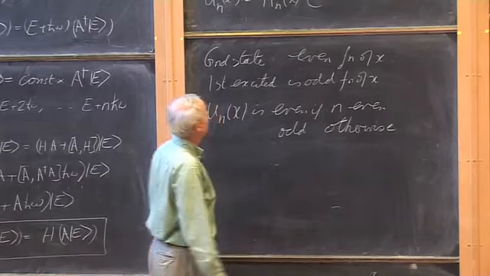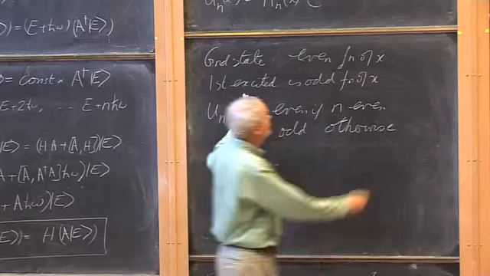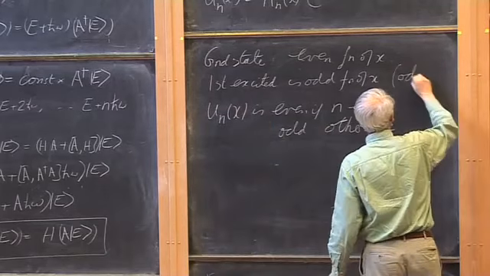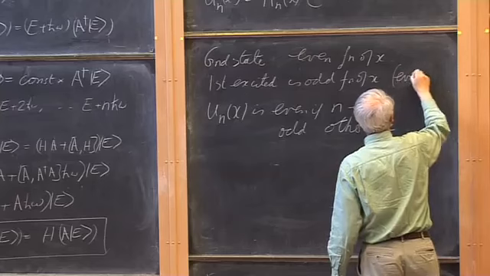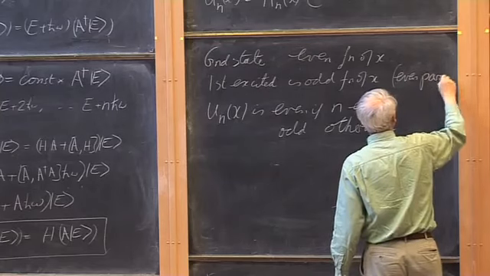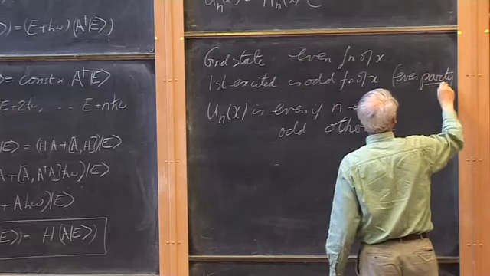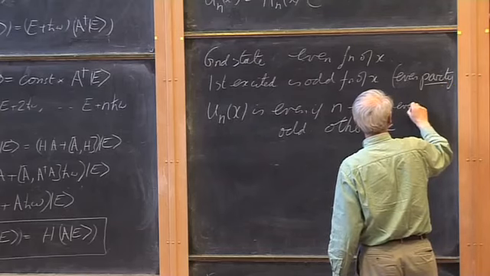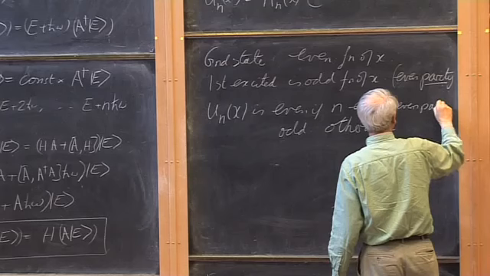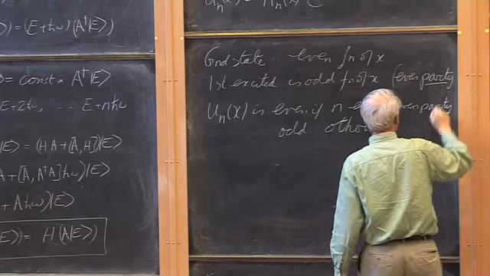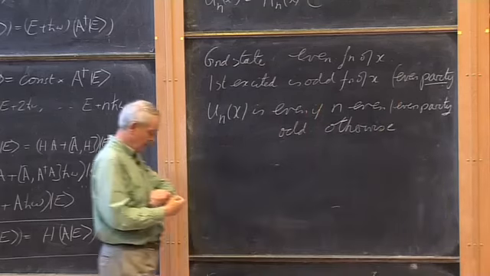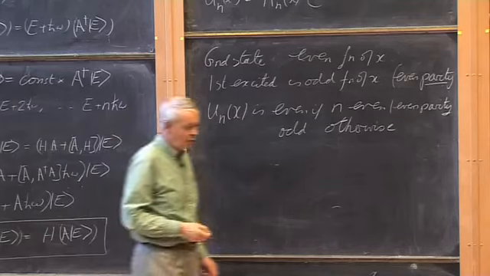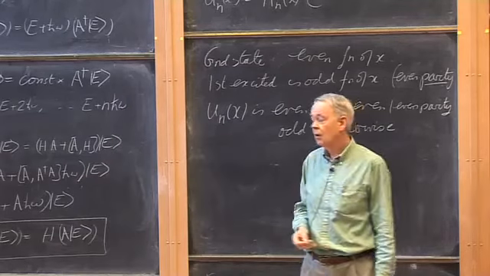And quantum mechanics has its own jargon for this. It says that this is an even parity state. Parity just means, is the wave function even or is it odd. We'll have more to say about parity in a general context later on when we're covering the material in chapter 4.